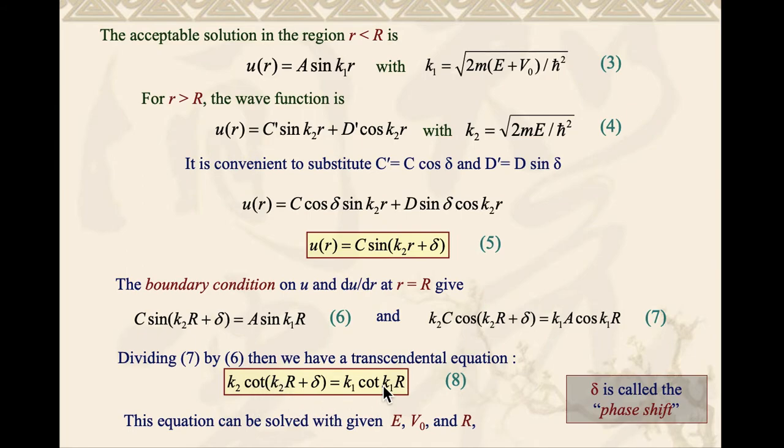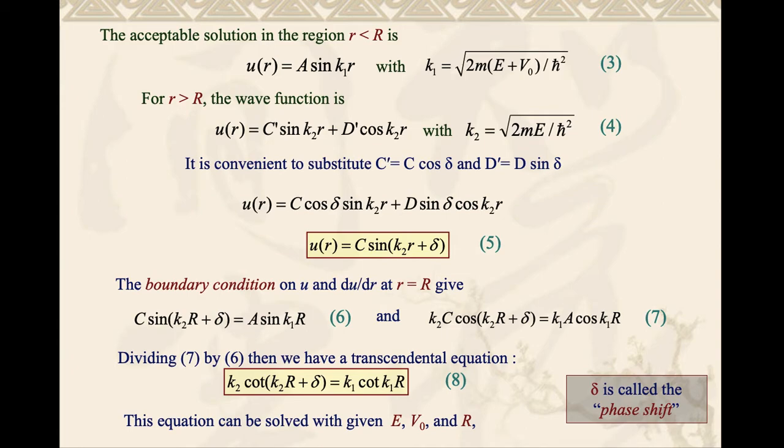So if you want to match cot of K2R plus delta and cot K1R, what is the condition? This K2 is less than K1. That must be remembered. For cot, when the angle K2R or K1R, whatever it may be, is increasing, the value is decreasing.